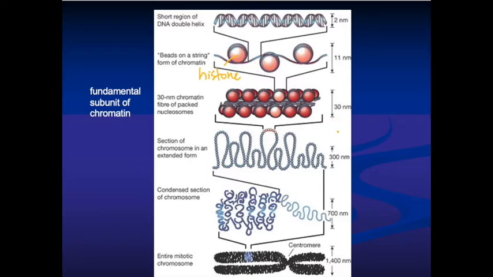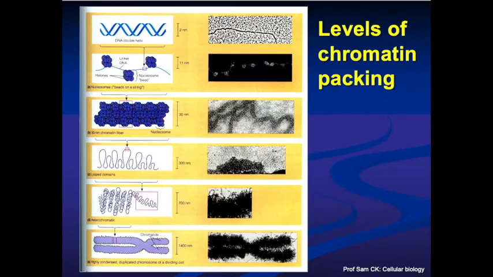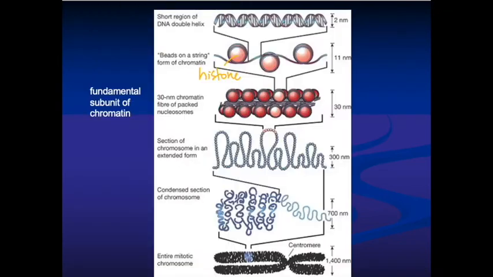The next level of chromatin packaging is the folding. You can imagine the folding of the 30 nanometer fiber into what we call the loop domain, or the extended form.